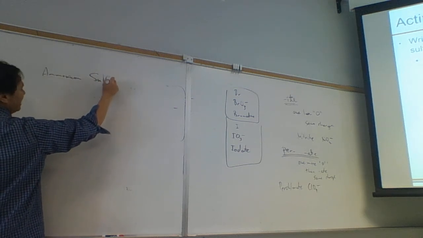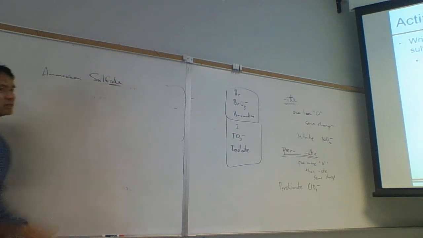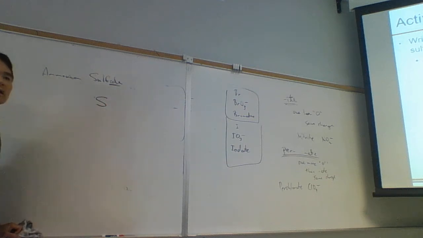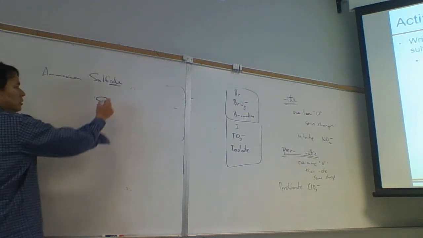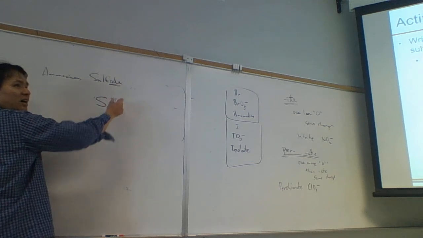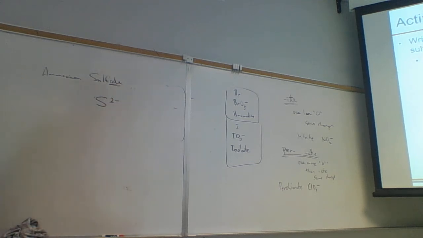Most -ides are monatomic, unless you've memorized it as being polyatomic, but there are so few polyatomic ones: hydroxide, peroxide, cyanide. So it's sulfur with, what's the charge? Actually, it's -2, or 2 minus.